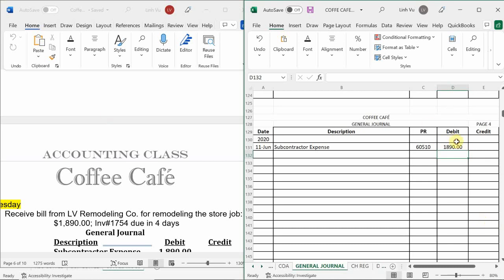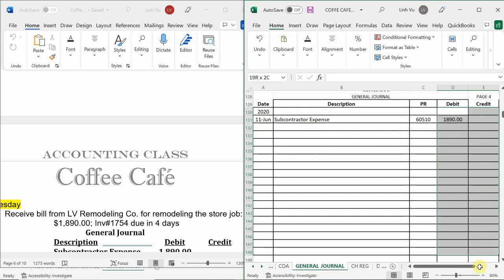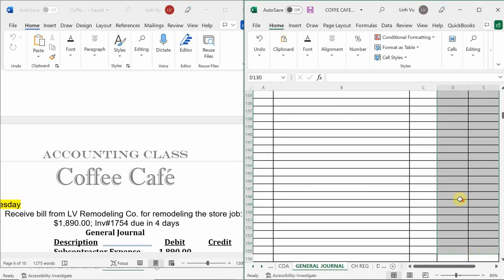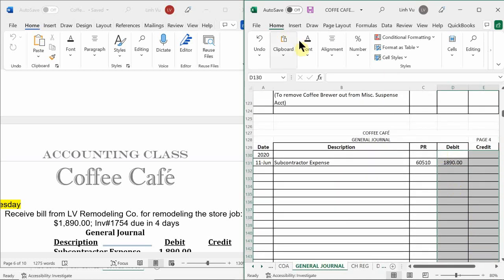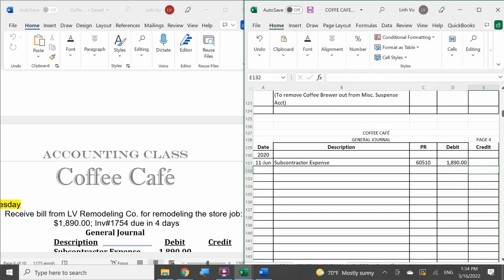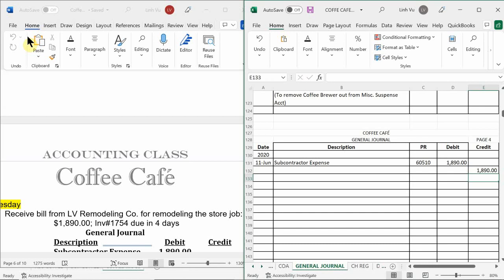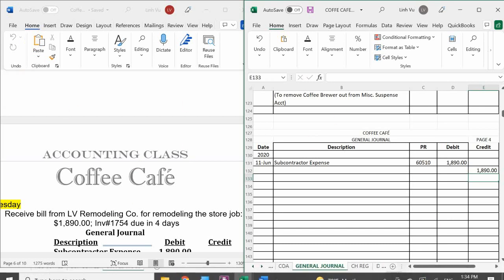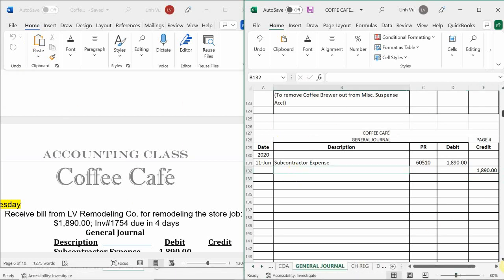And since it is that, what is going to be my credit account? Accounts payable, because I'm going to owe them the money. All right, and you have everything that you need here.